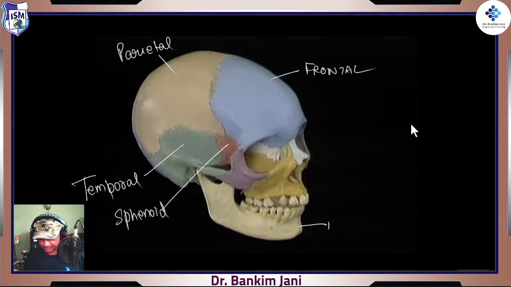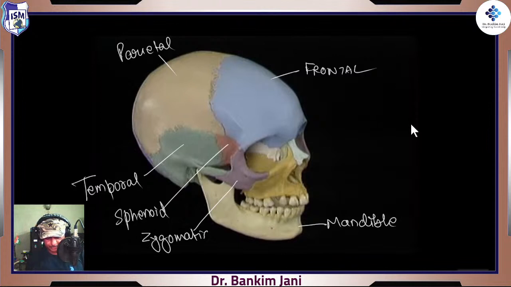Mandible is obvious, right? This is mandible. And then there was cheekbone, right? This was the cheekbone, so it was zygomatic. And this is maxilla, upper jaw.